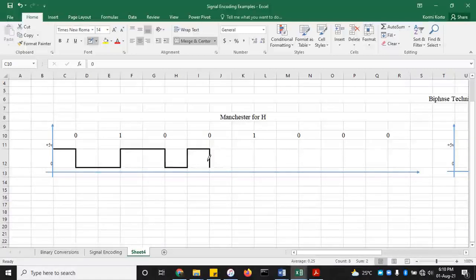Then I move back down. Now we have a 1. Ones always have a low voltage or level voltage to go through, and then we move mid-bit. Now we have 1, 0. Since 0 always has a high start, the only way to achieve that is by going straight into it.